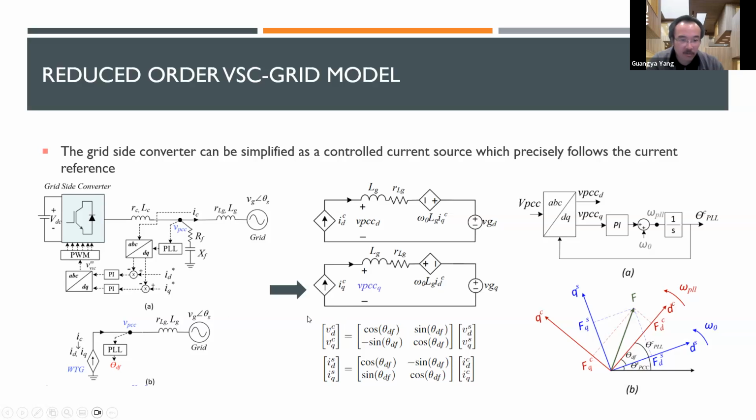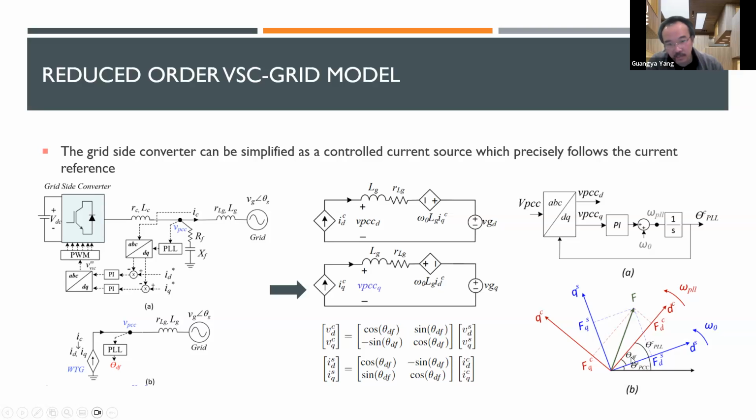And then when we look at the DQ axis, we separate the DQ axis of the converter side and the grid side. In steady state there will be no phase displacement, because the converter and the grid will be in sync. But in a dynamic situation there will be a phase displacement. During dynamics the converter tracks its own phase, which will be different from the grid synchronous reference phase, so there will be a difference.